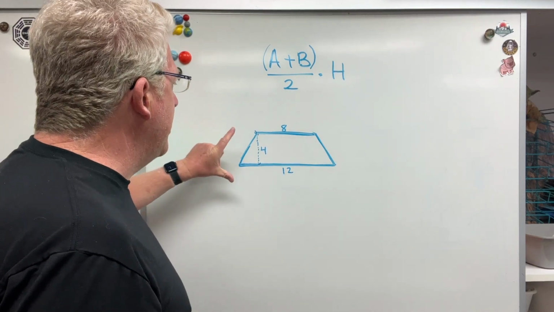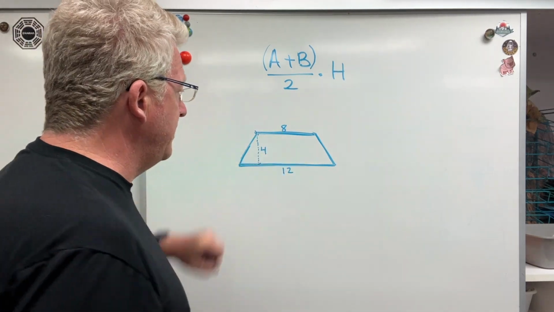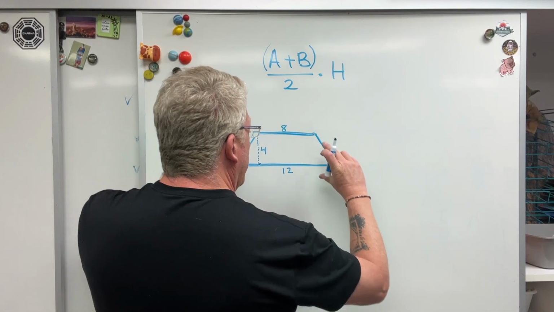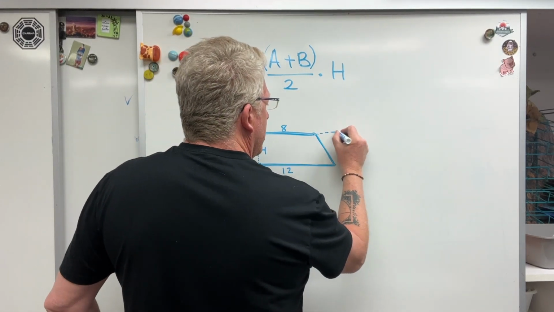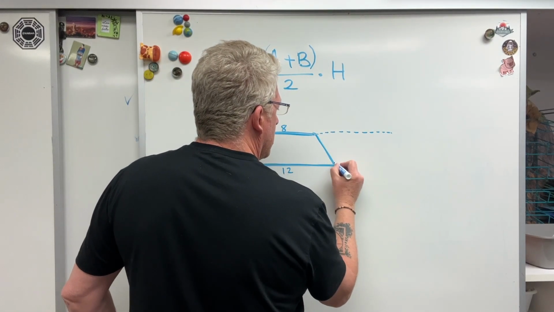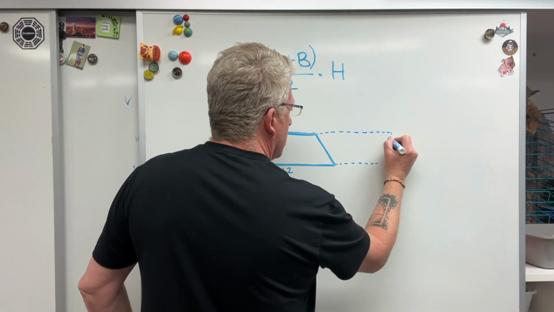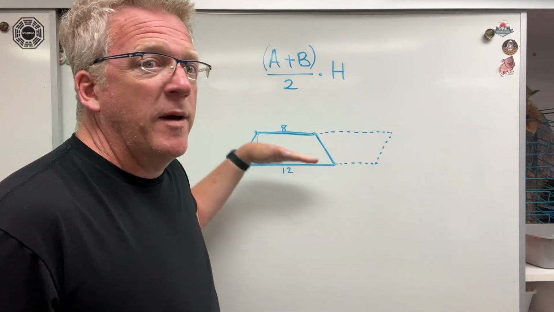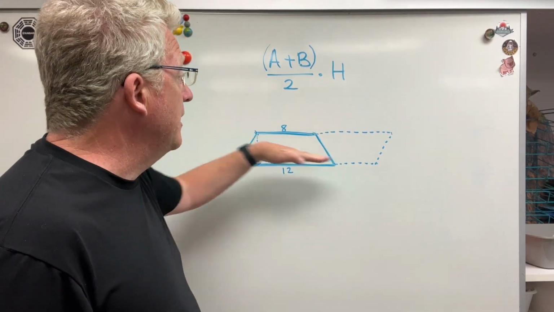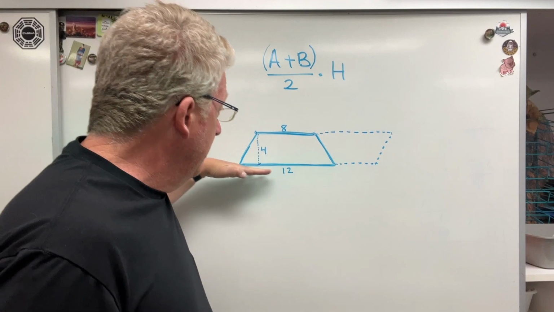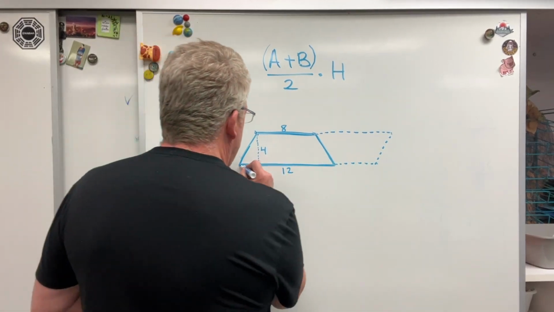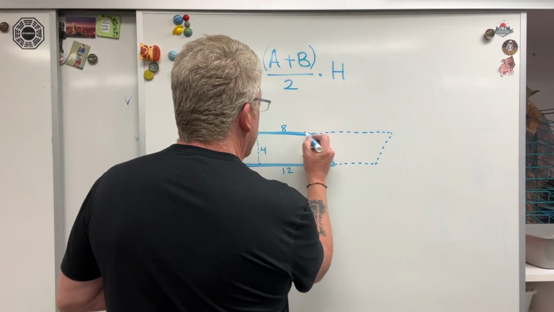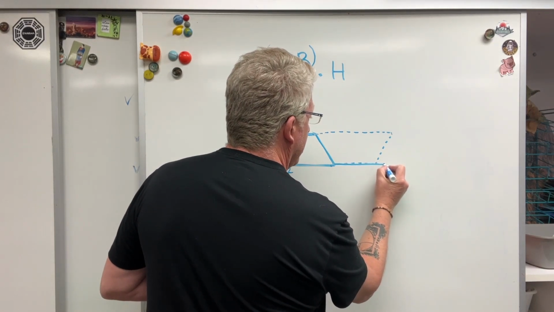Here is why that formula works, all right? If you were to take 2 of these trapezoids and take one of them and flip it, you'd have 2 of these shapes. Now you'd have a parallelogram. And the parallelogram would be this length, B, plus this length, A, right?